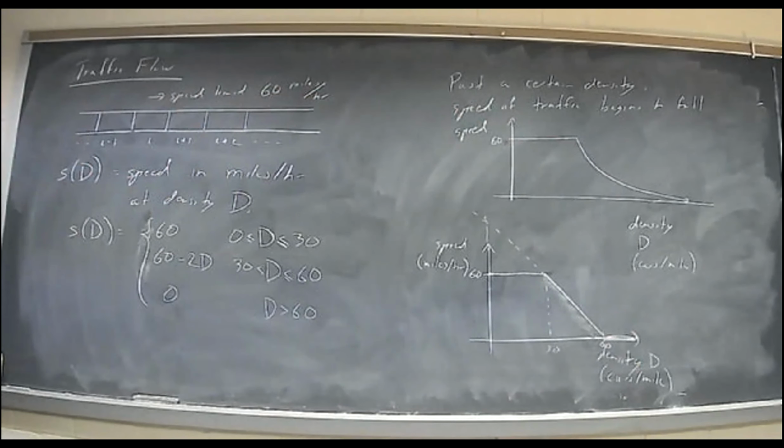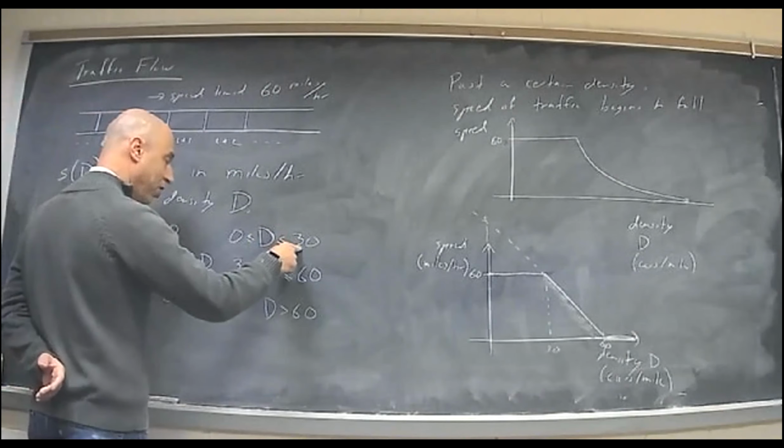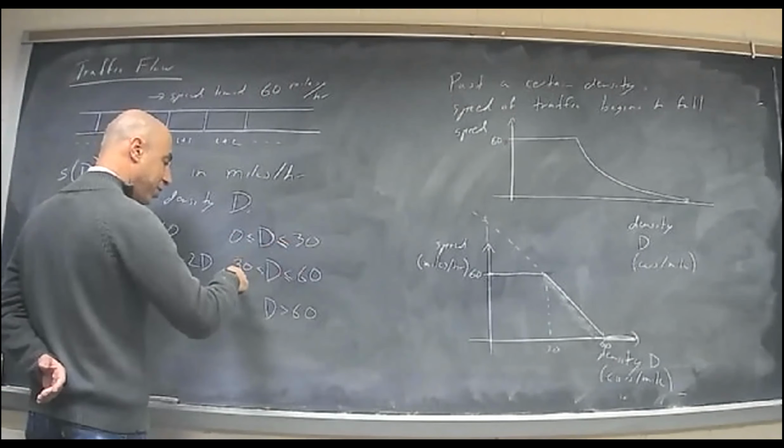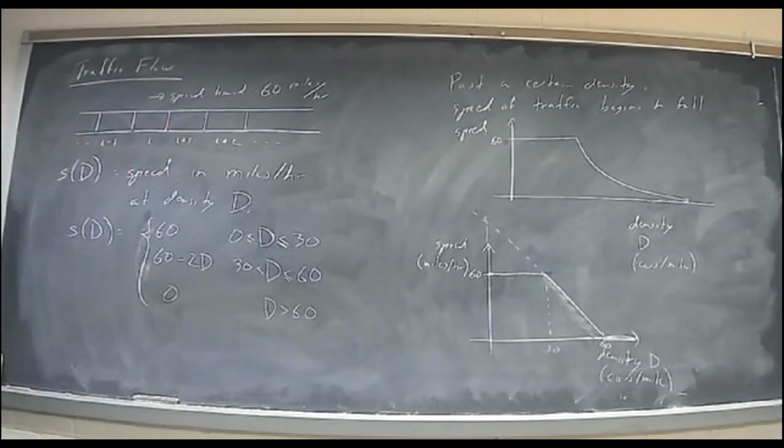So between 0 and 30, everybody's going to be driving at 60 miles per hour. Remember, the 0 and the 30 are cars per mile. So an empty highway to 30 cars per mile. Between 30 and 60 cars per mile, the speed just drops linearly, and then everybody's at a dead stop after 60 cars per mile.